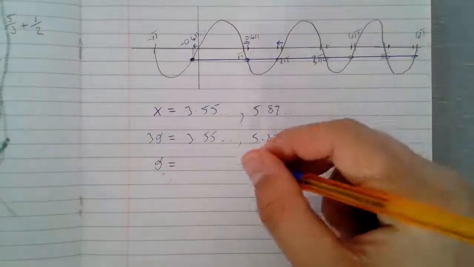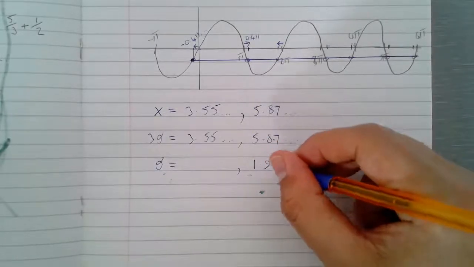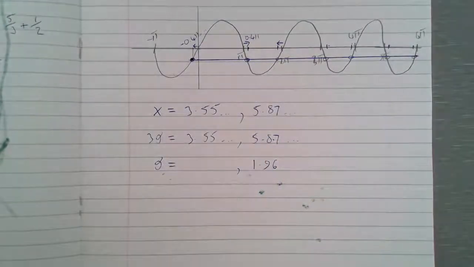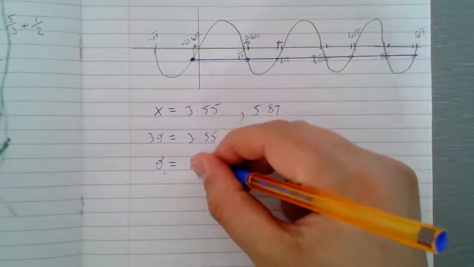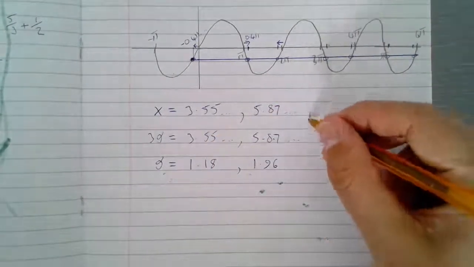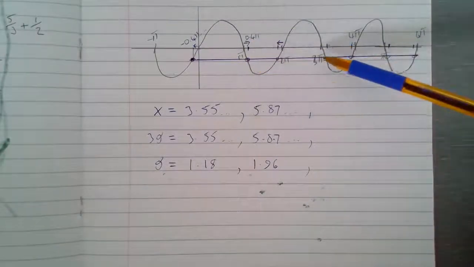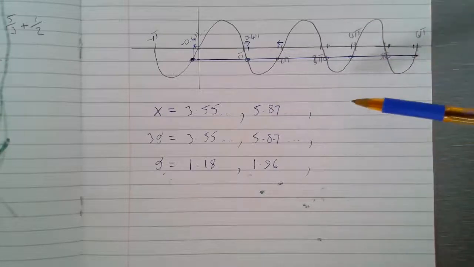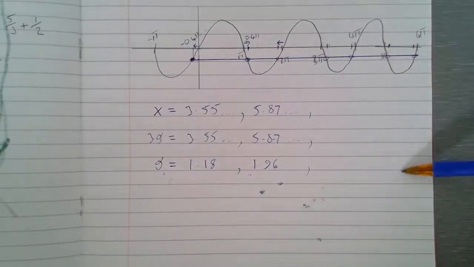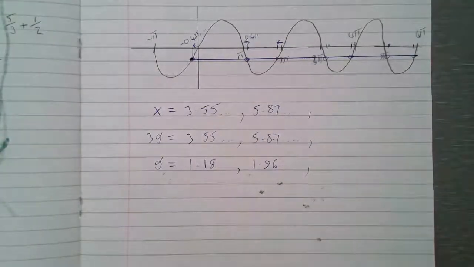This divided by 3 would give me 1.96 to 3 significant figures. 3.55 divided by 3 gives me 1.18 to 3 significant figures. And how many values will I have altogether? 1, 2, 3, 4, 5, 6. So you would do your other 4 here, divide them by 3 to get this last line, and you should get what the answer is.